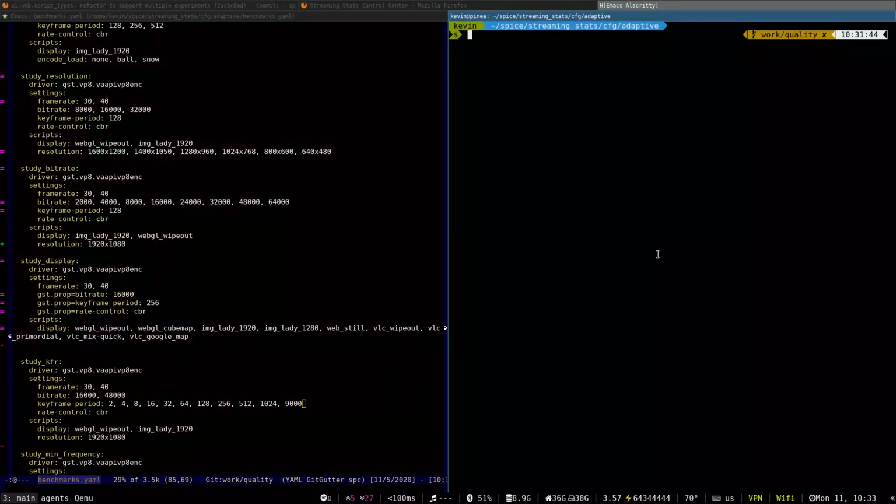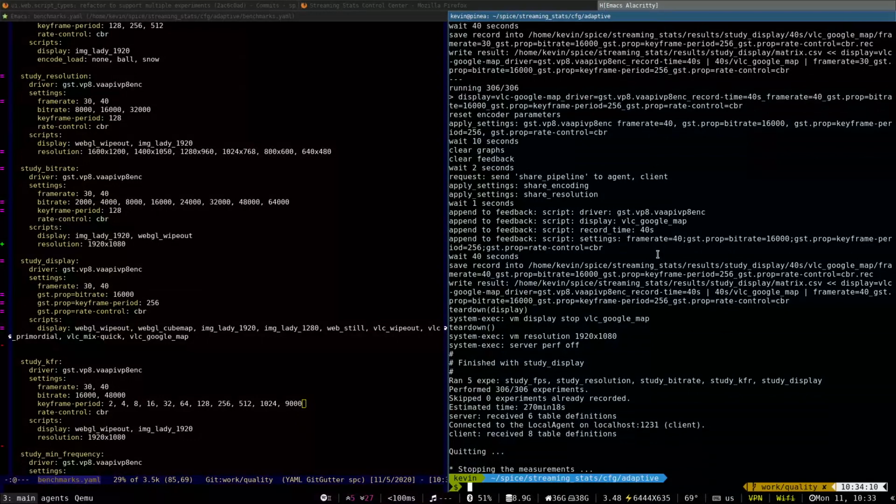So I can run the benchmark in dry mode to have a look at what it will do. All the combinations of these settings lead to a total of around 300 experiments, and with 40 seconds per experiment, it would have taken something around 4 hours.